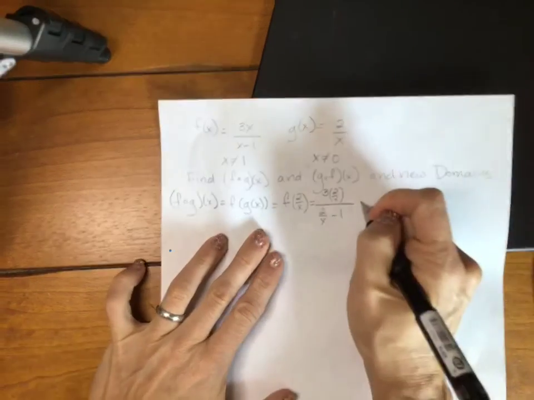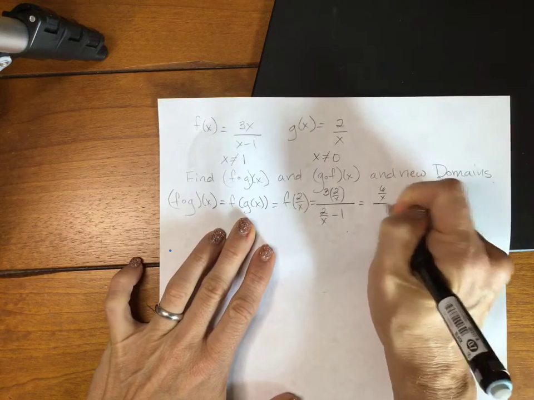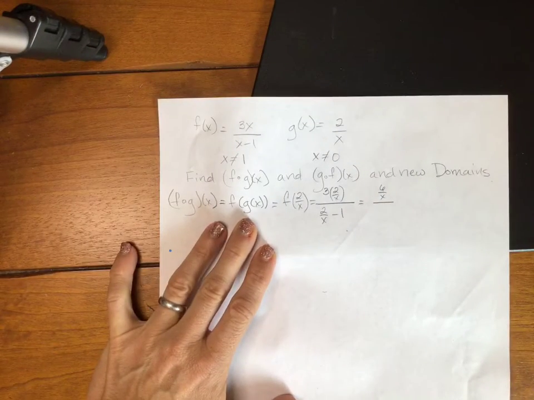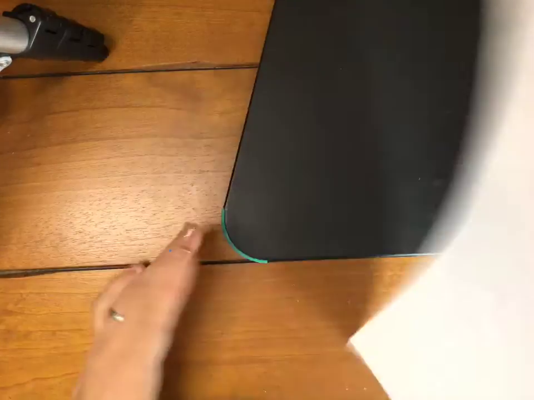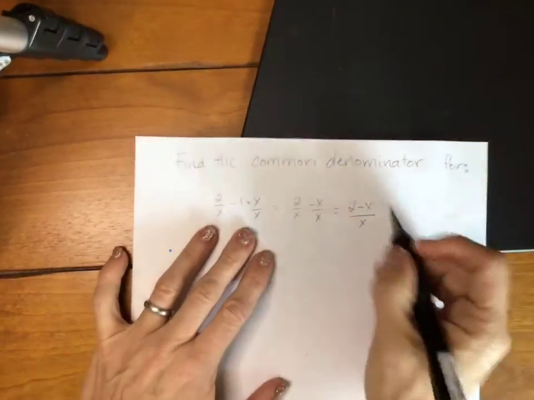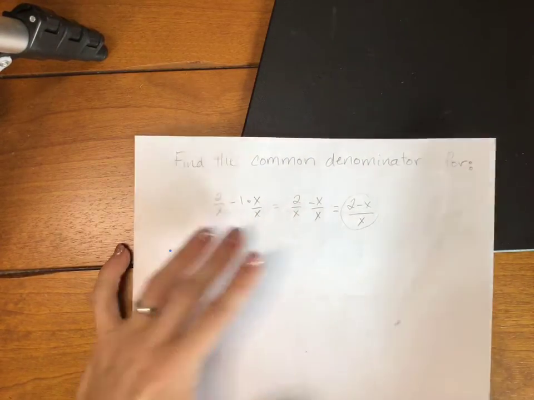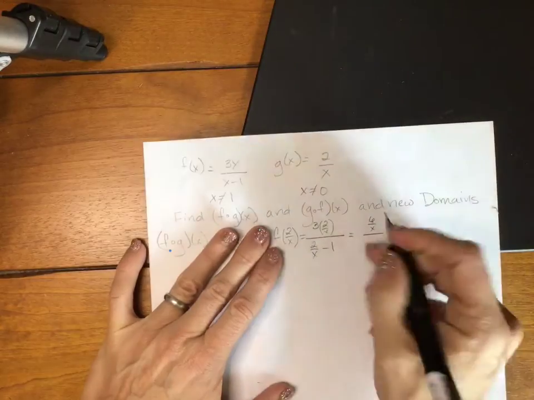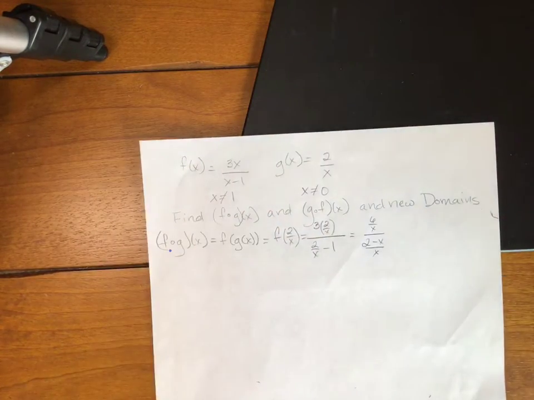And we can simplify that to be 6 over x on top, big fraction bar. And remember, we just found the common denominator on the other side for this. We said it was 2 minus x all over x.